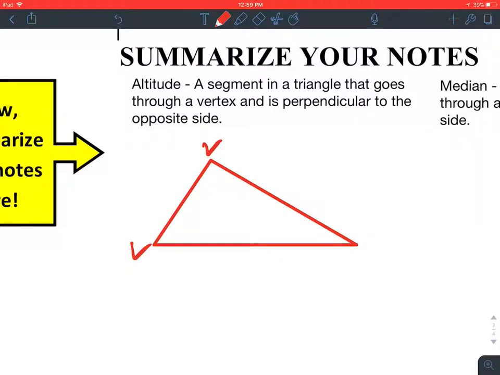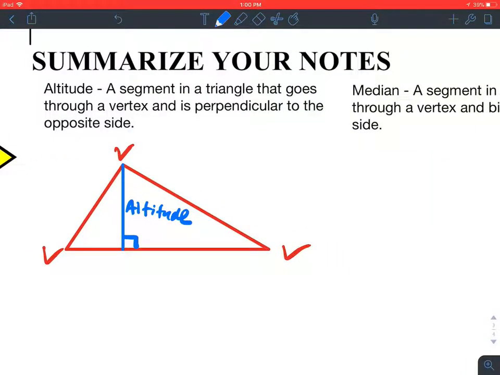So this is a vertex, this is a vertex, this is a vertex. So you pick one of those. And is perpendicular to the opposite side. So this blue segment is an altitude. It goes through a vertex and is perpendicular, 90 degrees, to the opposite side. This is an altitude. That's a definition.